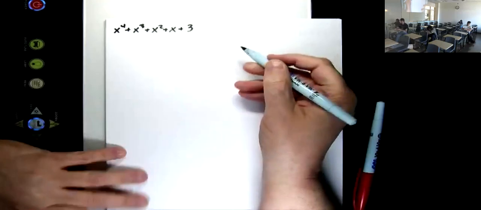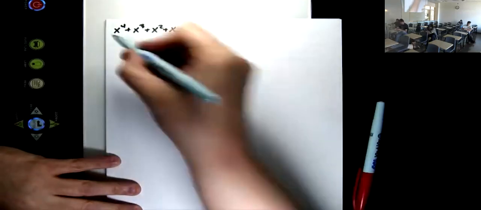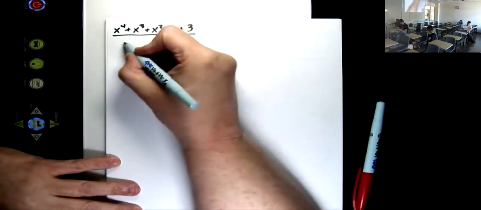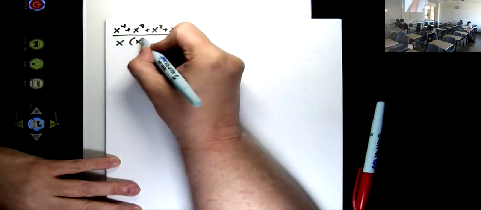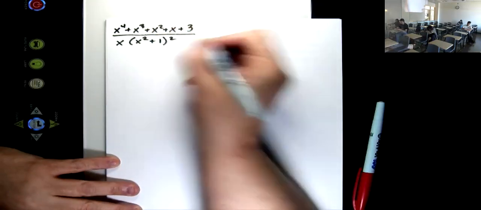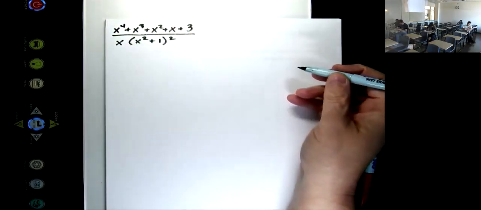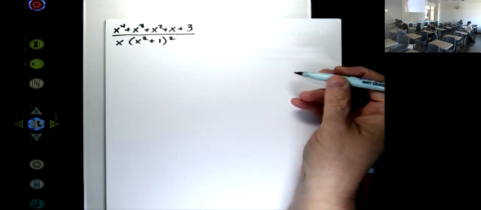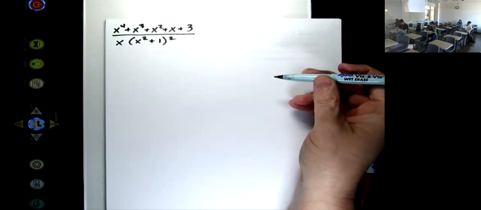I don't know, whatever. I've got x times x squared plus 1 squared. I just made up the numerator, so if you try to solve this, it's probably going to have ugly answers.